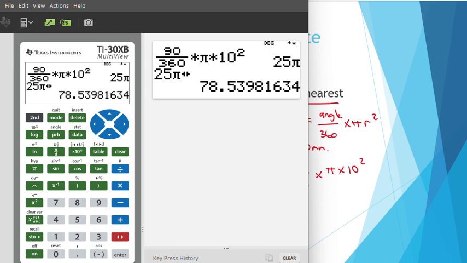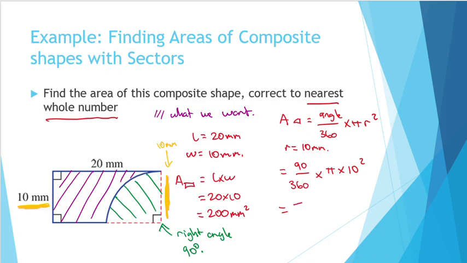So I end up with 78.5. And because we need a whole number, we need to get rid of this 5 here. And just remember the rules for rounding up and down still apply. So in this case, we are going to round up. So it will now become 79 millimeters squared. And that is what the area of the purple shaded area is.